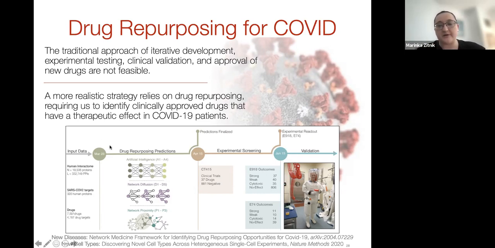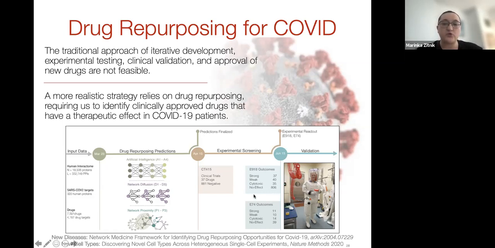So my group at Harvard was part of one task force for this particular problem, and we engaged in work that took place between mid-March 2020 and late summer 2020. During that time, we really compressed years of work into weeks or even days. That involved collecting input data, developing and training machine learning models that generated predictions, ranked lists of drugs that might have effect in COVID, and then experimental tests and screening of those most promising predictions, as well as validations.